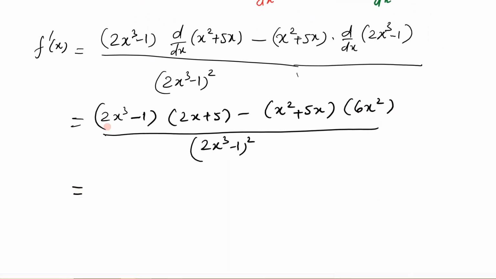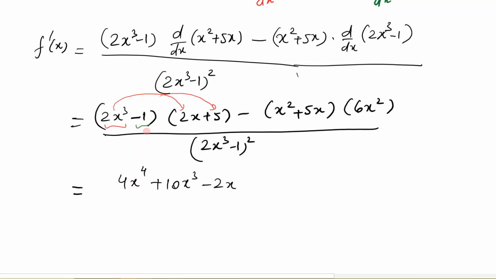Multiply the first term with all the terms in the second bracket: 2x cubed times 2x is 4x to the power 4, then plus 10x cubed, then minus 2x.